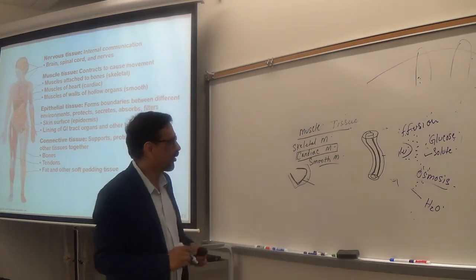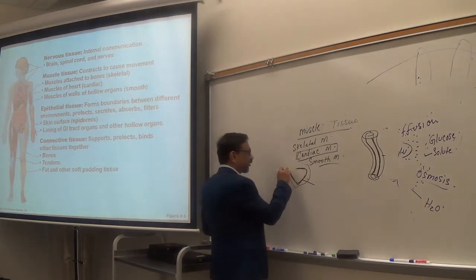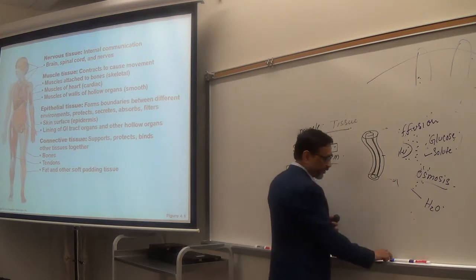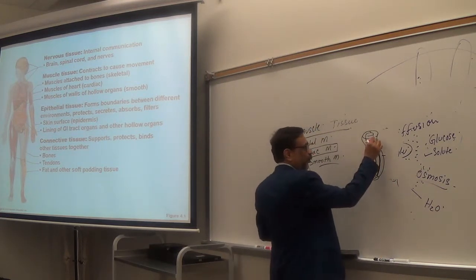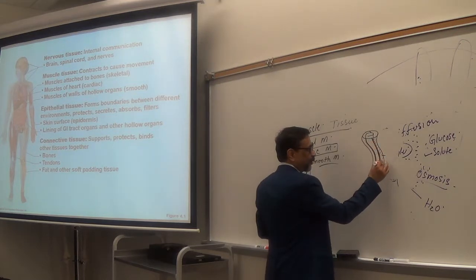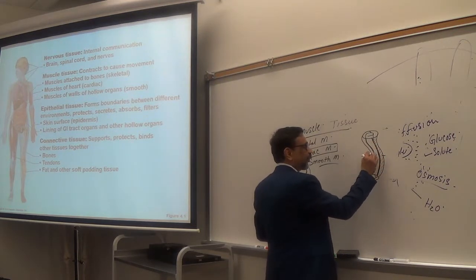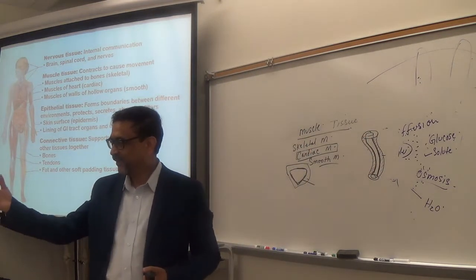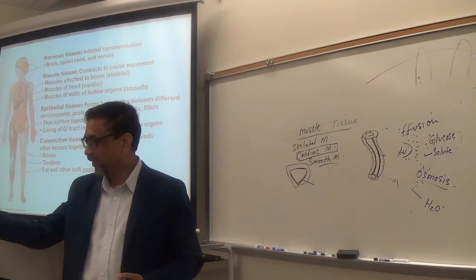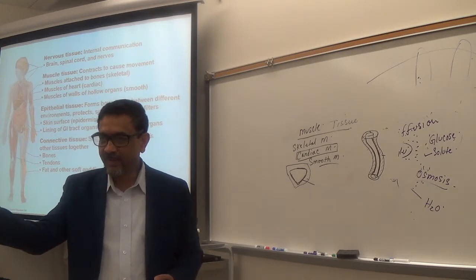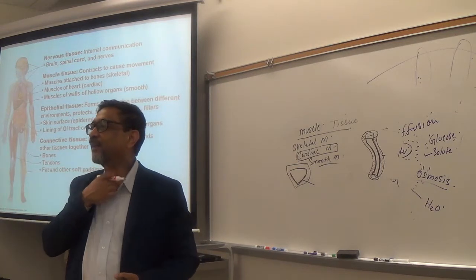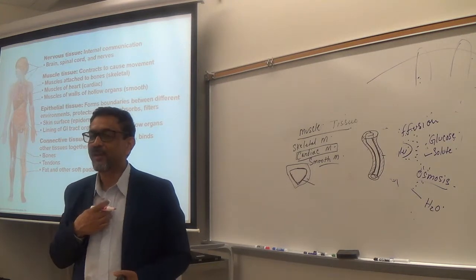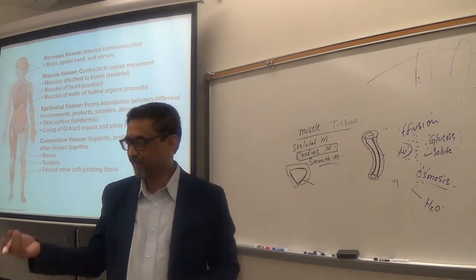Smooth muscle. Smooth muscle is present in the wall of tube-like structures. Again, tube-like. In the wall of tube-like structures. Name me tube-like structures again. Intestine, esophagus, you said, right? Arteries, veins, right? Tube. And respiratory tract, right? Like your larynx, trachea, pharynx, right?